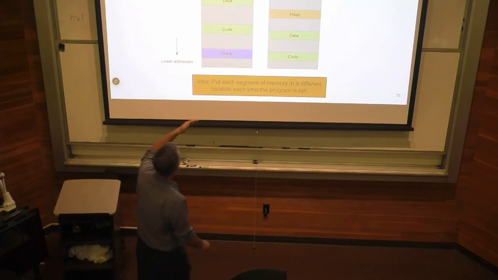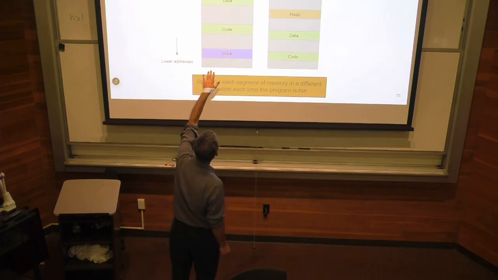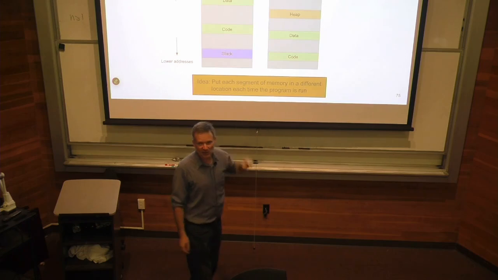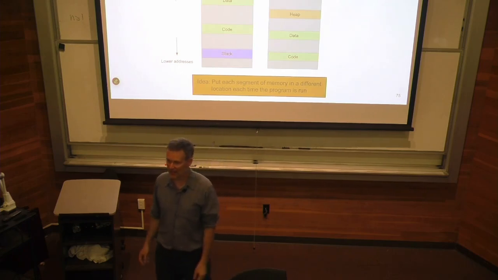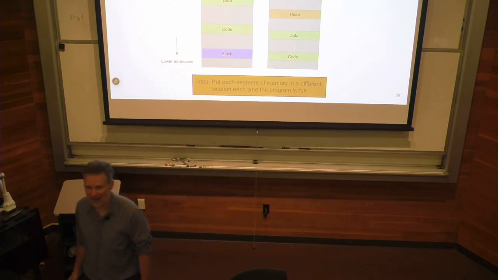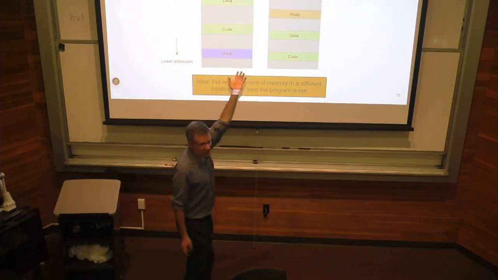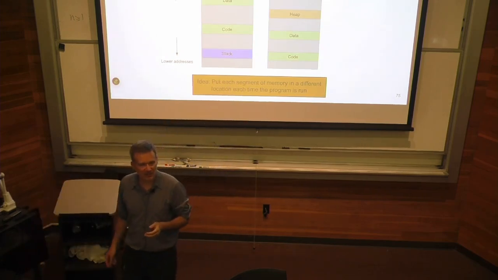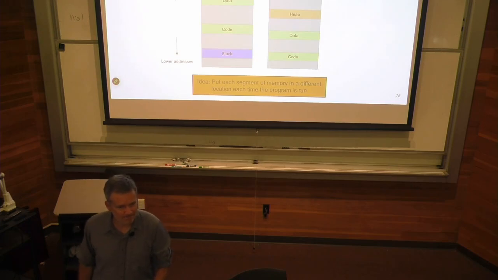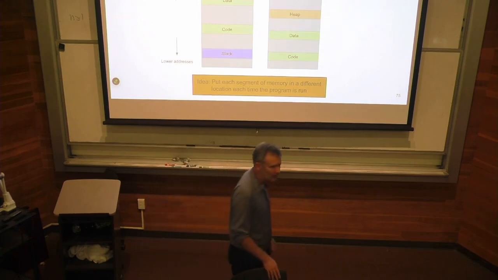And that means that, for instance, the heap pointers in one run on the left side were all very large numbers, and on the right side were smaller numbers. There are different addresses each time the program is run. So an attacker can't predict what address things on the stack will be at, because it's different every time and random.